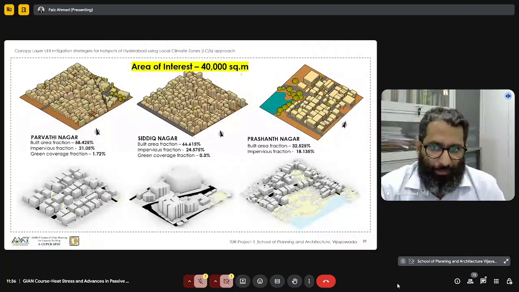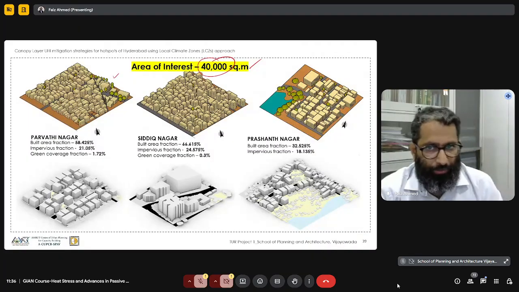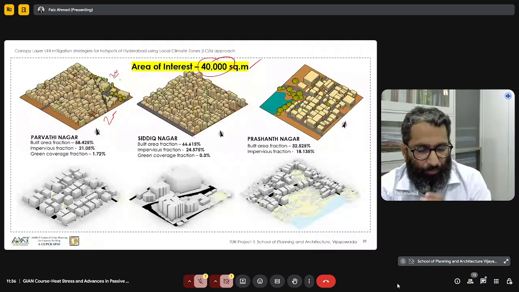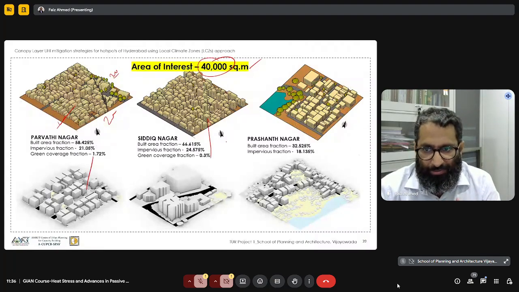So what are our samples? For example, if you take one urban area of about 40,000 square meters, about 200 meters by 200 meters, we have taken that for modeling. And you can look at the variations in the urban areas, the characteristics of urban form. One urban form is not the same as the other.